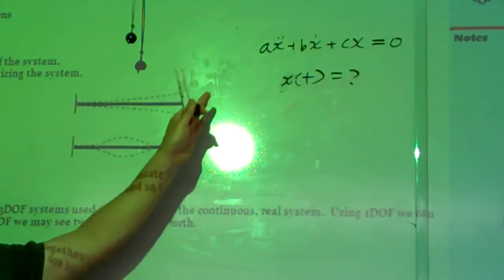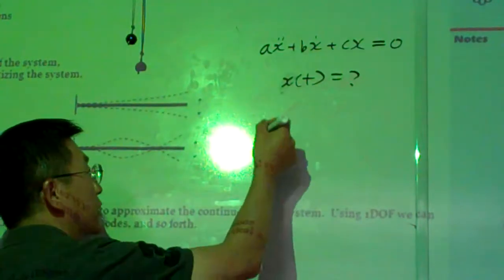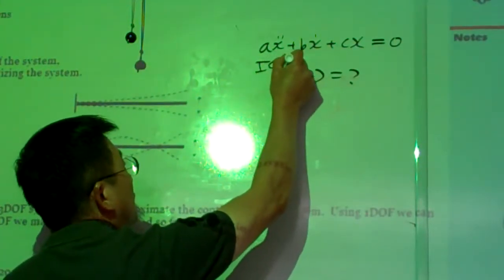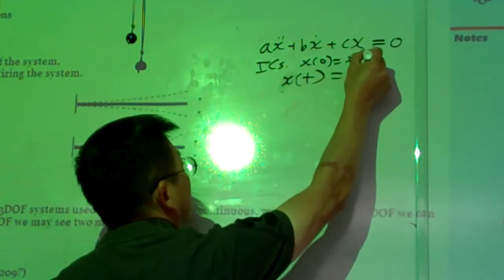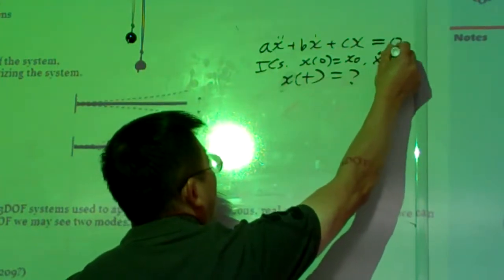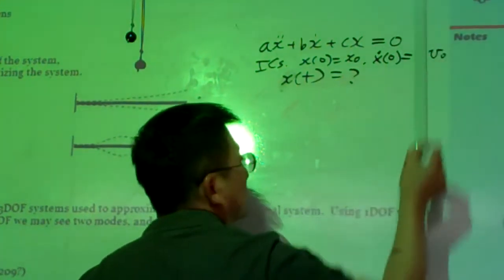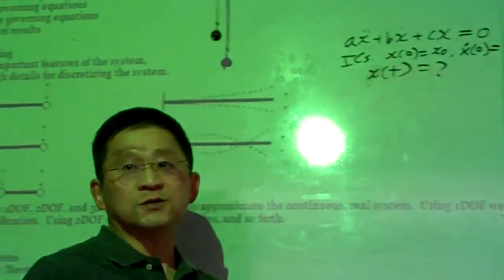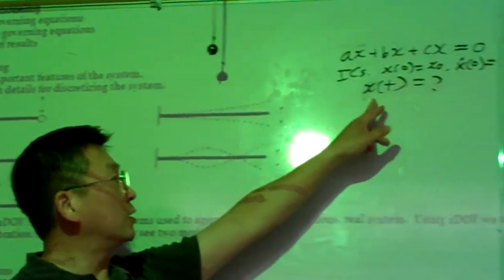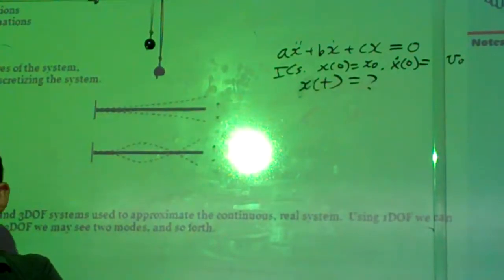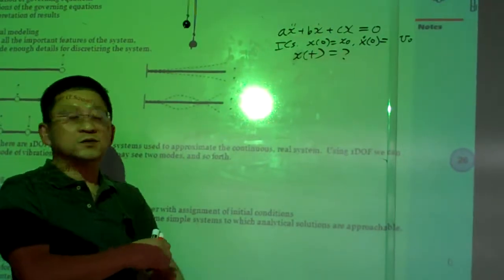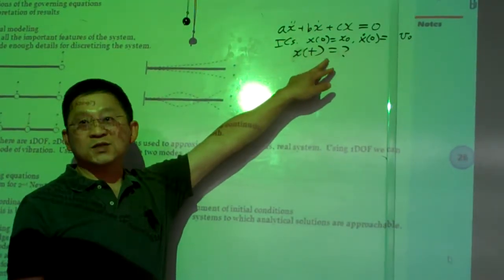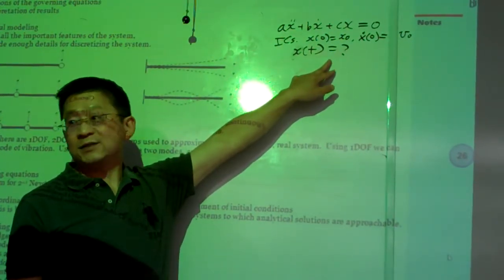You know for differential equations, we are given initial conditions. So say x0 is equal to certain numbers, and the initial velocity is equal to v0. That is the concept here: we impose initial conditions. With those things, I can tell you that more than 90% of your time in ME408 is to deal with such solutions mathematically.